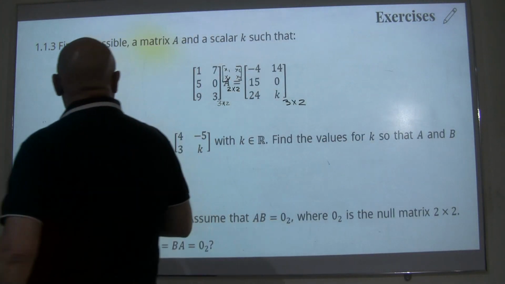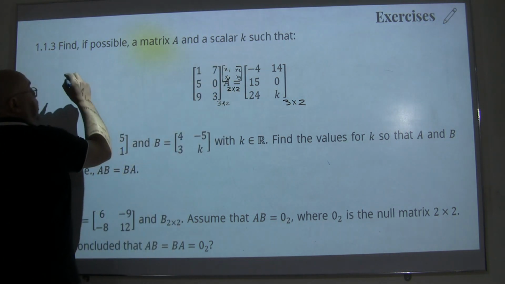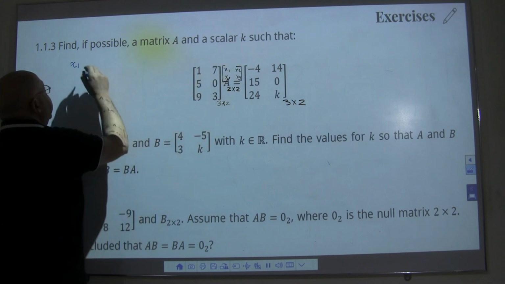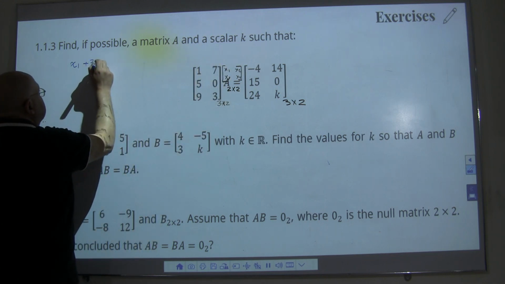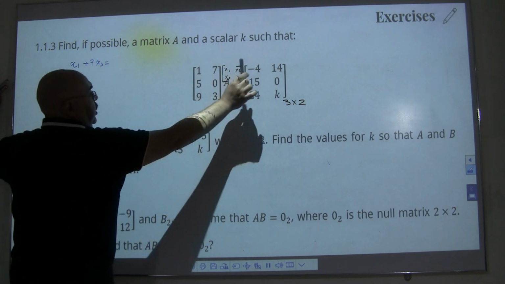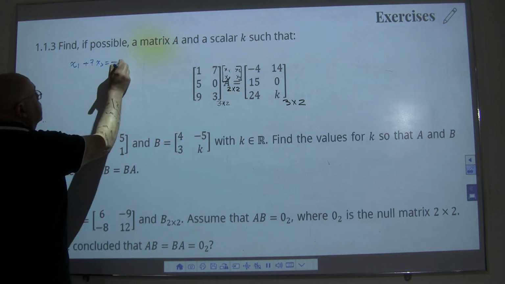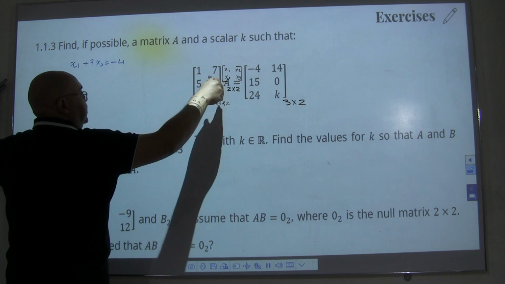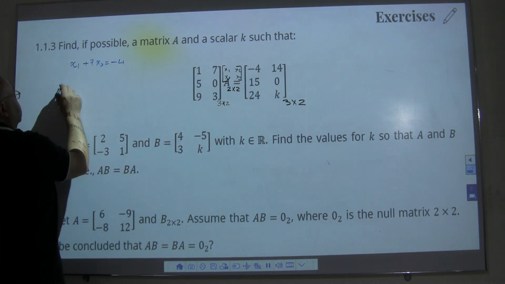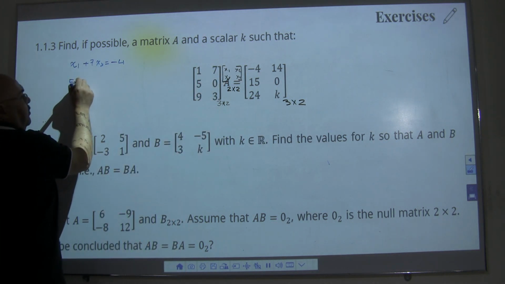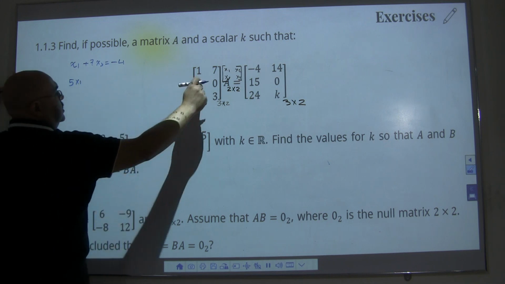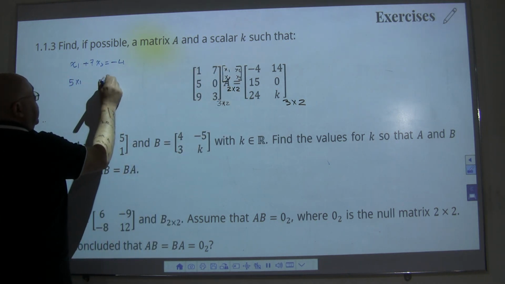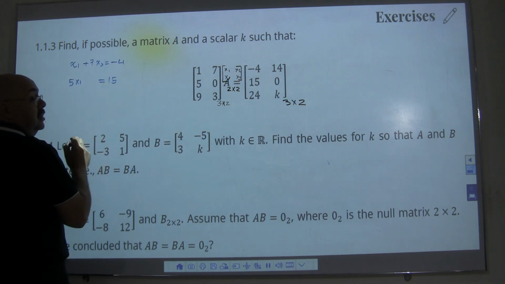So we can say that 1 times x1 plus 7 times x3 should equal -4. Now the second row and the first column: 5 times x1 plus 0 times x3, which is going to disappear, and the value is going to be 15.